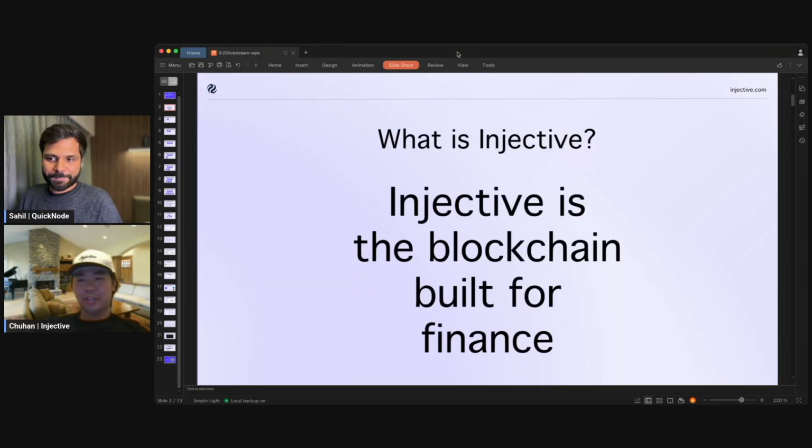What is Injective? We always give one sentence to answer this question. Injective is a blockchain built for finance. The meaning behind this is that mainstream finance is still under a centralized ecosystem, right?